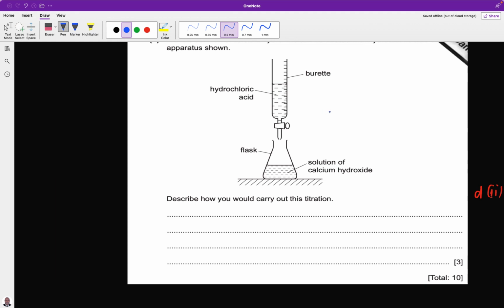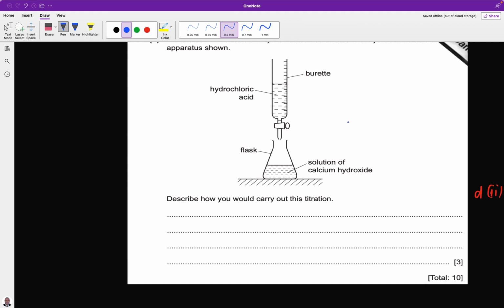Once more, using the dropping pipette, you are going to add 2 or 3 drops of phenolphthalein indicator or any other acid-base indicator into the conical flask. Using a volumetric pipette, you are going to pipette 25 ml of the calcium hydroxide solution into this conical flask.